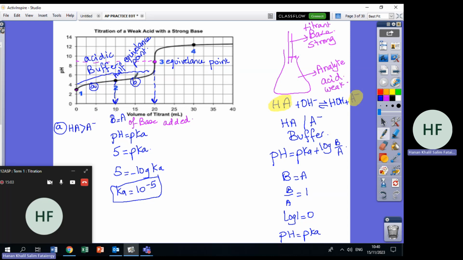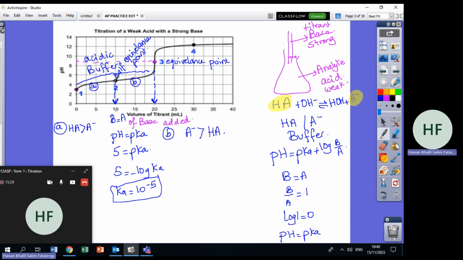Okay, now in region B, after the half equivalence point, the base is more than the acid. So in region B, A minus is more than HA. Usually you get a question in the exam where they give you, for example, a pH of 4. Okay, a pH of 4 means here. And they ask you, which is more, the weak acid or the conjugate base?